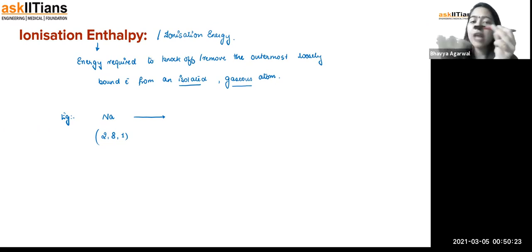But if I ask it, okay cap, just remove yourself, it's not getting removed. So what do you have to do? You have to pull it out, right? Now the electron is ejected out. In that atom, now this electron no more exists.